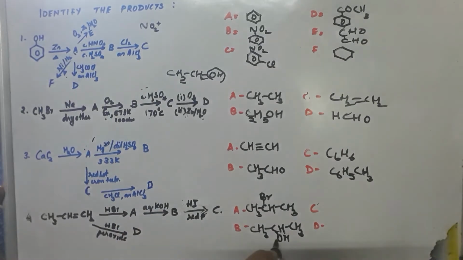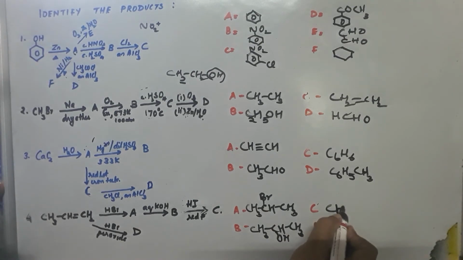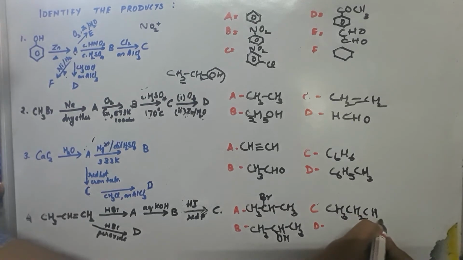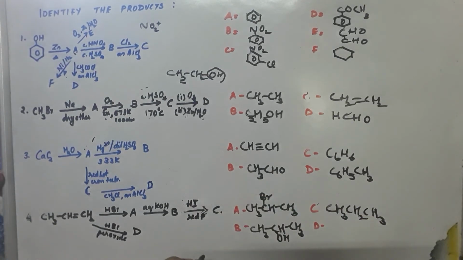Now this alcohol formed is then treated with hydrogen iodide, red phosphorus, and heat. So it is reduction. The oxygen is removed and substituted by hydrogen. So you will be getting propane, CH3CH2CH3. So this is how propane is formed.